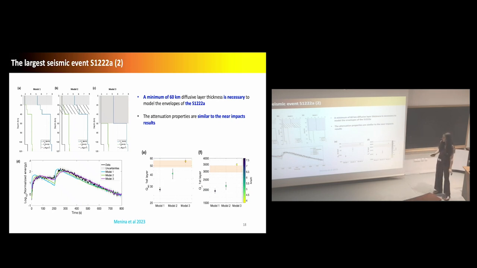So here are the results for the 3 models of the inversion in the first layer. So you have the scattering and absorption. And what we saw is that with our best fit, the results of the inversion correspond to what we observed with the near impact. So this diffusive layer has similar properties.